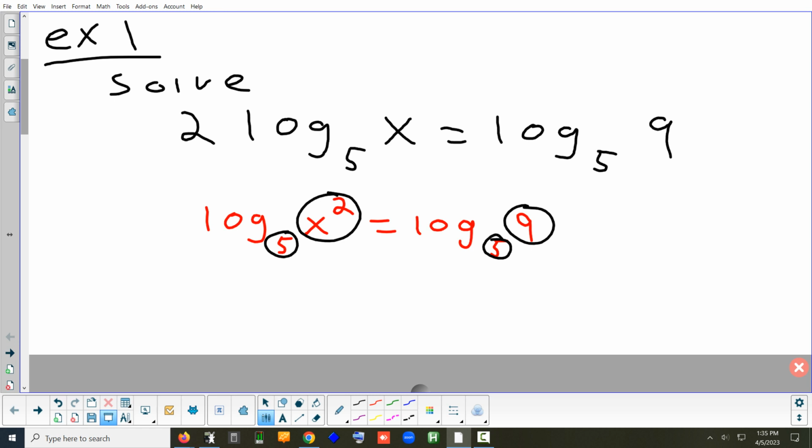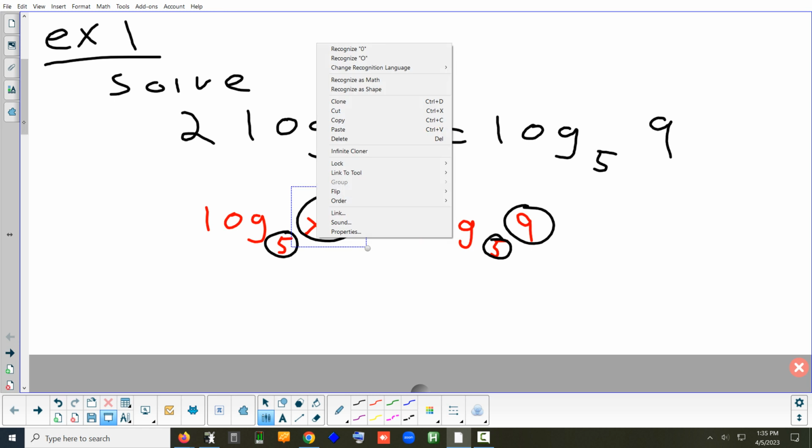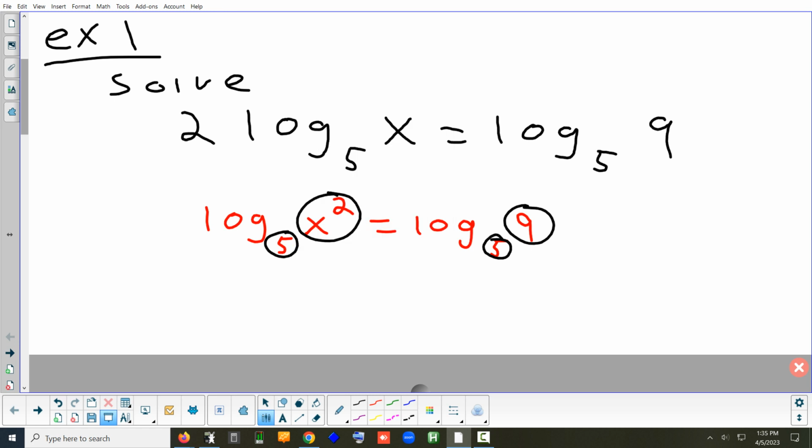We just need to make this match that. So all you have to do at this point is find a number you could plug in for x, so that if you fill it in for the argument on the left, it would come out to the same as the number on the right. So what could we fill in for x? Yeah? X could equal 3. And that's it.